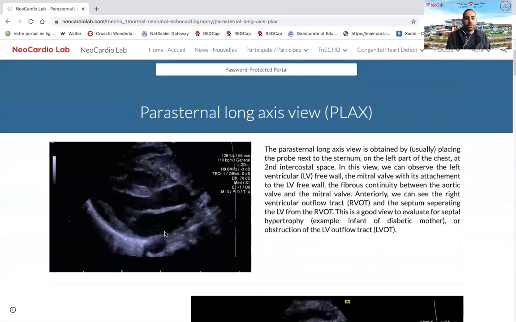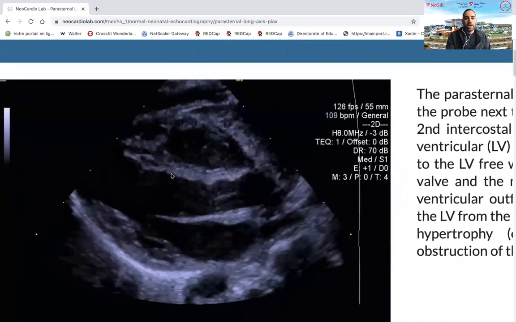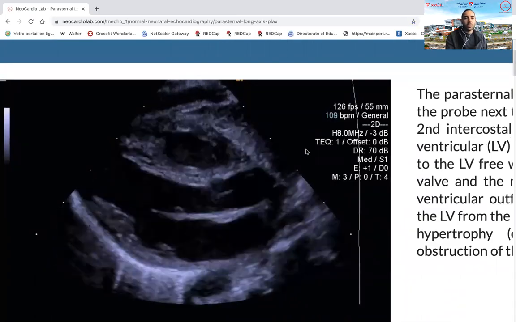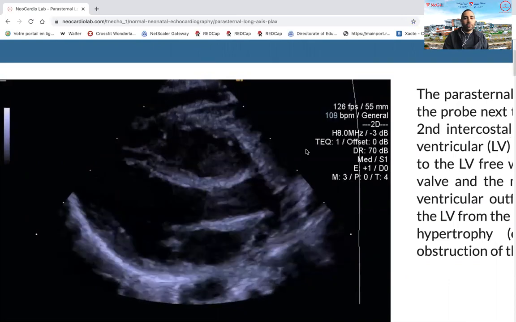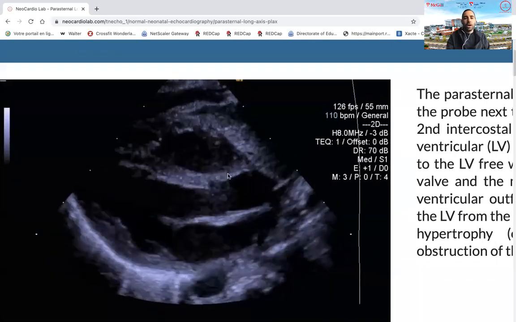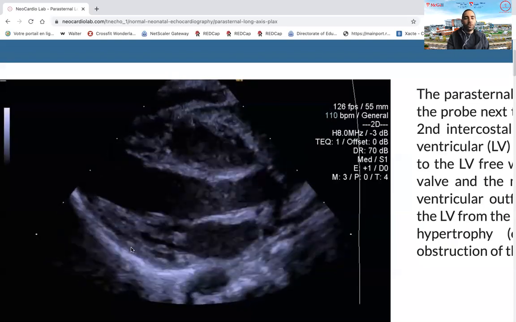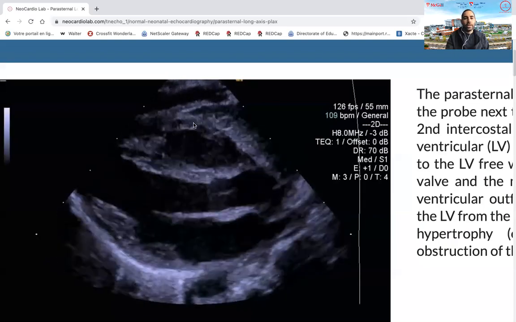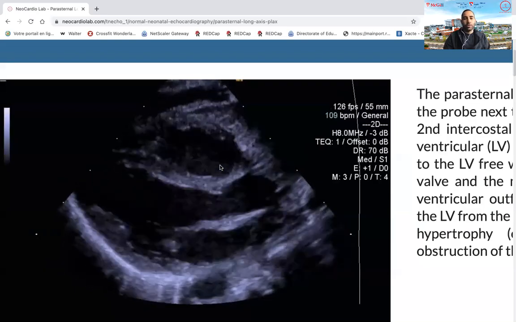Here on this first view, we have the long axis of the cardiac structures with an en-face view of your aortic valve, your mitral valve, your left ventricle, and your right ventricle. And then here we can see part of the right ventricular outflow tract.